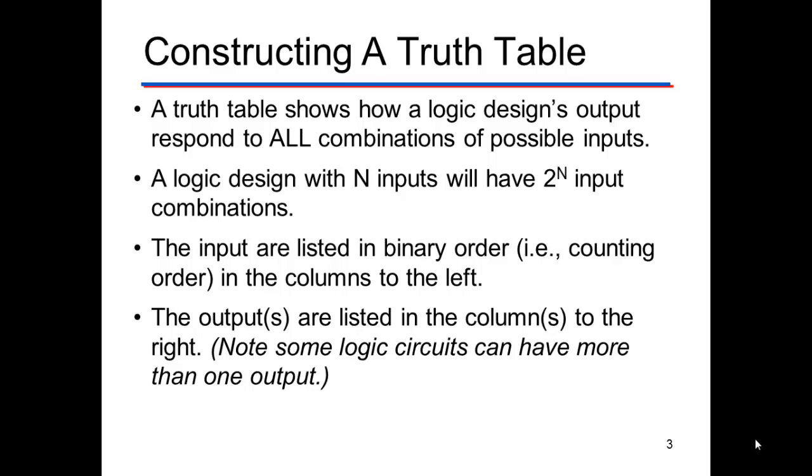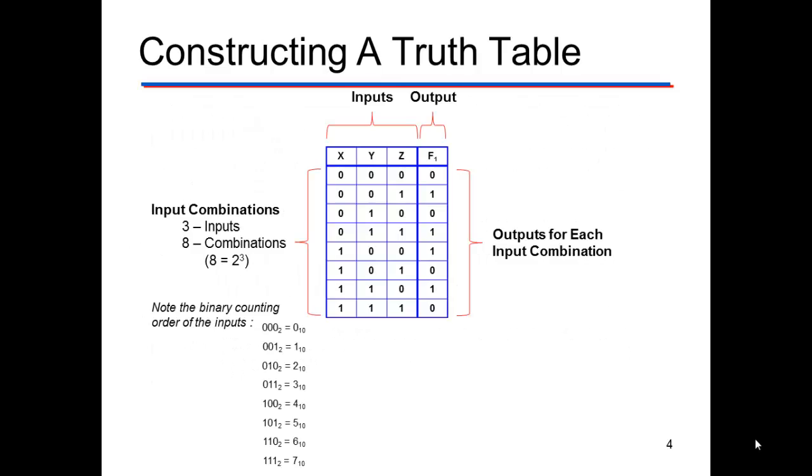All right, and the outputs are listed in the column on the right, and logic circuits may have more than one output. So this is a truth table. We have our inputs first, then the right-hand column is our output, and there are 3 inputs in this one, labeled X, Y, and Z. So we have to have 8 combinations, 2 cubed.